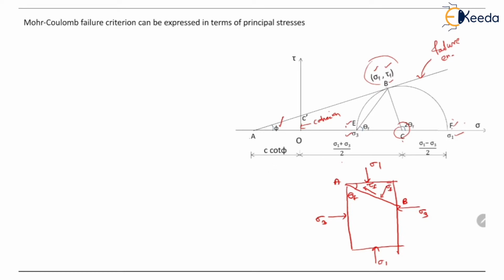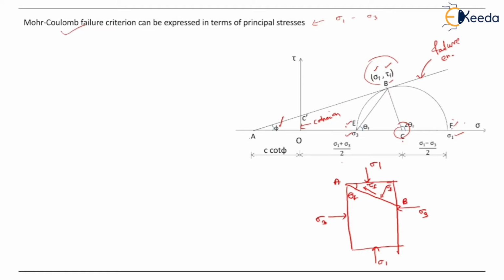Now the Mohr-Coulomb failure criterion can be expressed in terms of principal stresses. That means we will have to derive the relationship between the principal stresses sigma 1 and sigma 3. So that equation will be the Mohr-Coulomb failure criterion, and that equation should be satisfied for failure to occur.